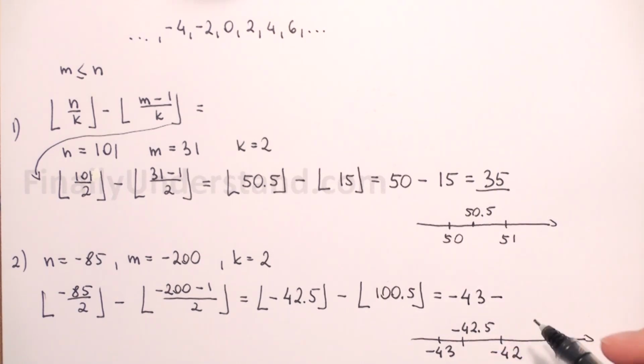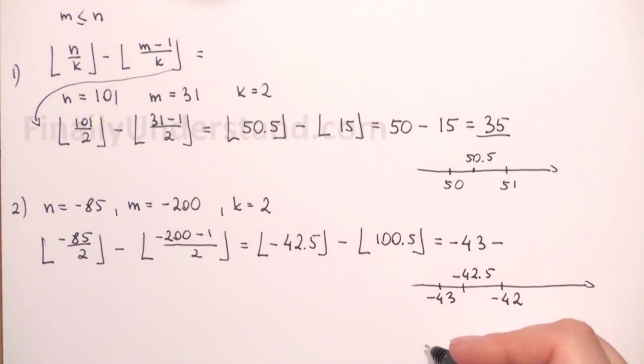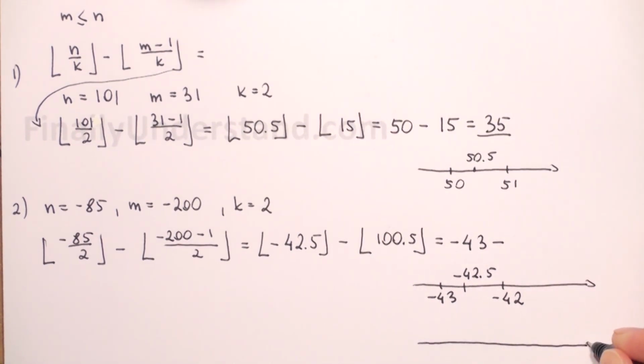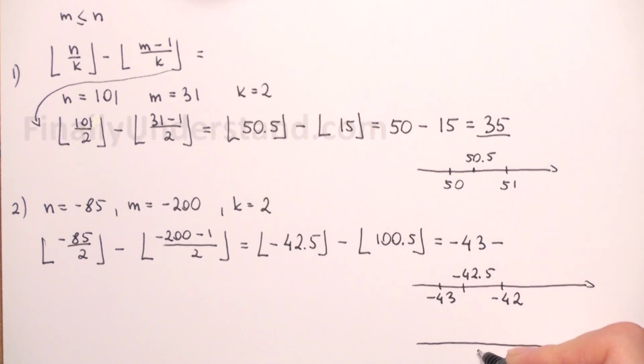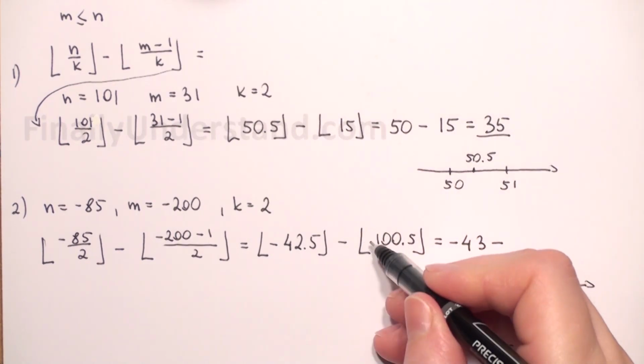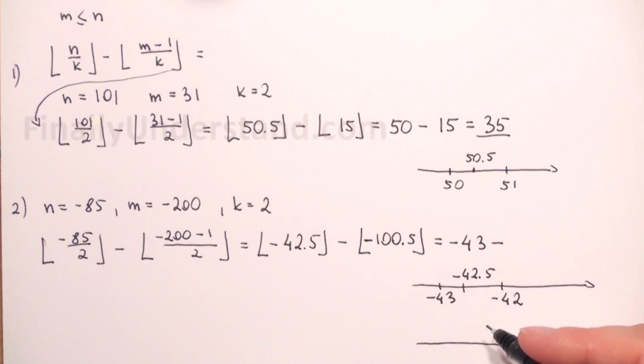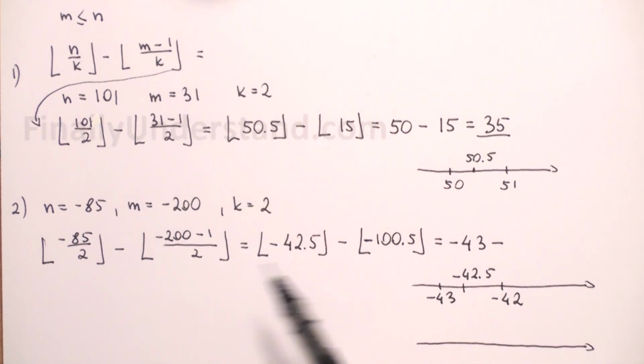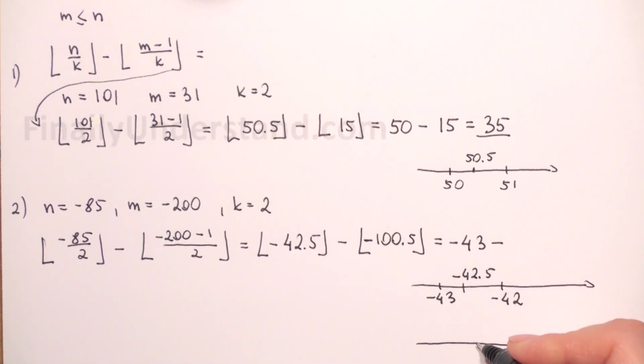We have minus, and now we have floor of, of course I forgot we have a negative sign here, because we have a negative number divided by a positive. So we have negative 100.5. This number is between the integers negative 101 and negative 100.